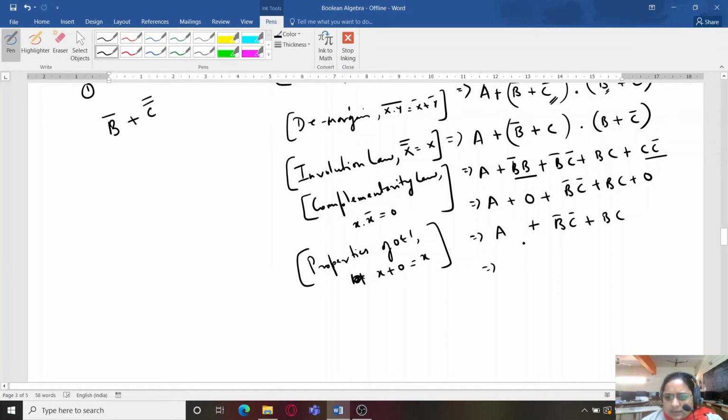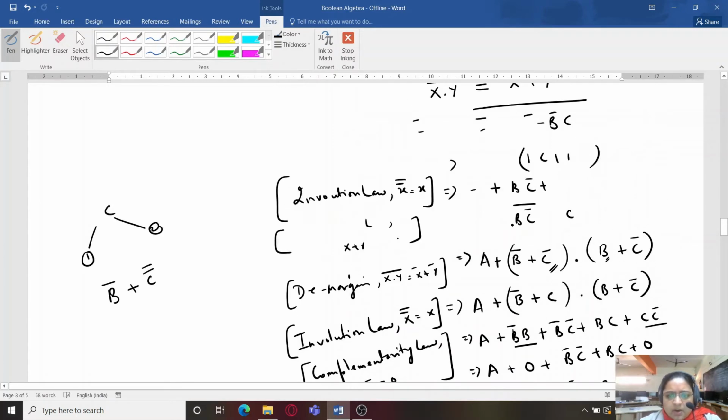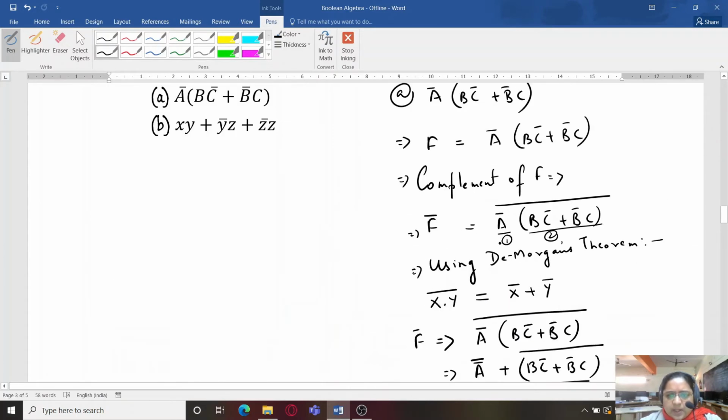Now we have this expression here, a plus b dash c dash plus bc. So this is the reduced form, and this is my answer also, that is the complement of the original expression.